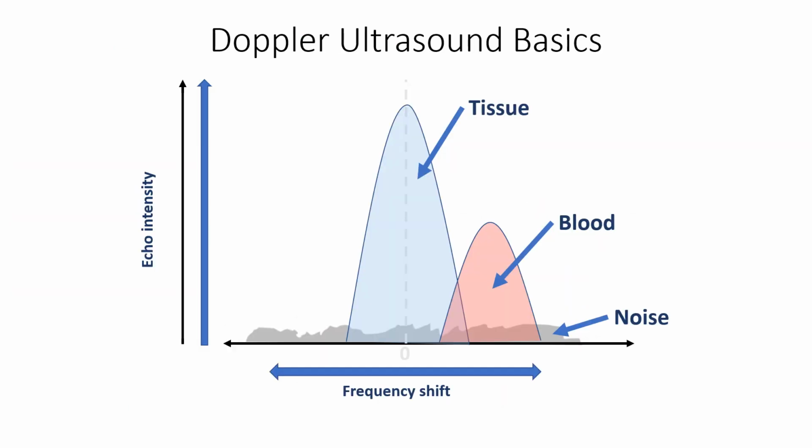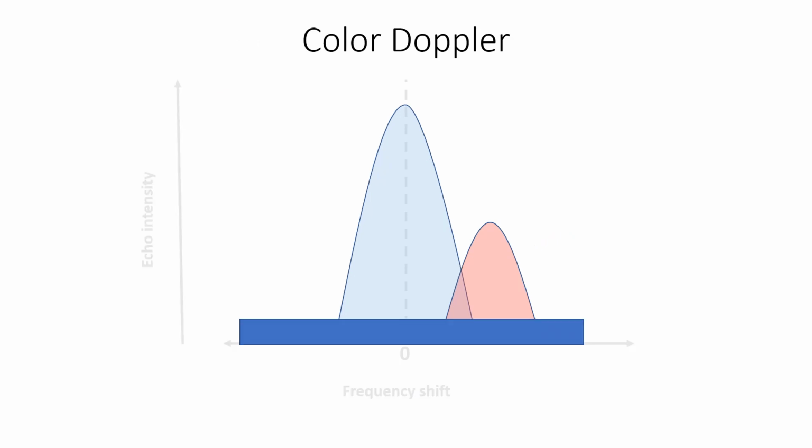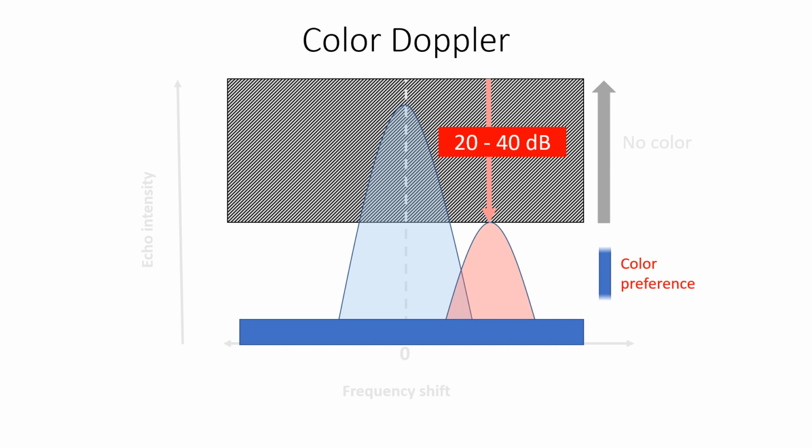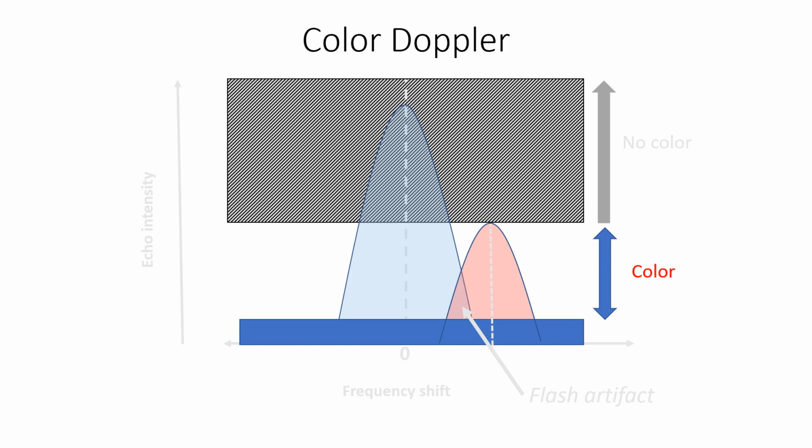Similar to spectral Doppler, the flow intensity is eliminated in the color Doppler. Echoes with intensity higher than those from the blood are rejected, setting the color preference. In order to eliminate the flash artifact caused by movement of the vessel wall, the average of the Doppler shift of the entire color is artificially increased.